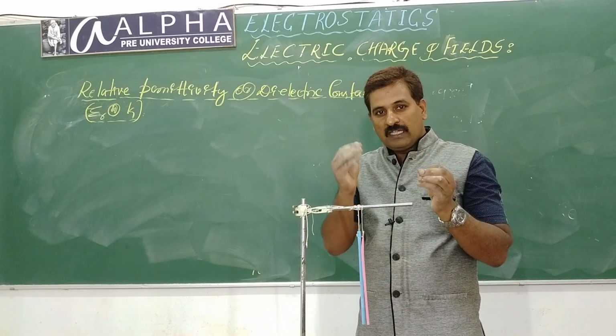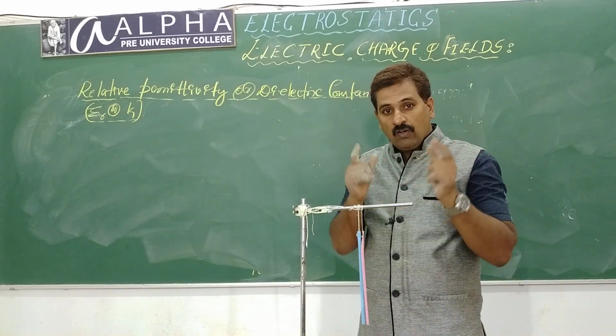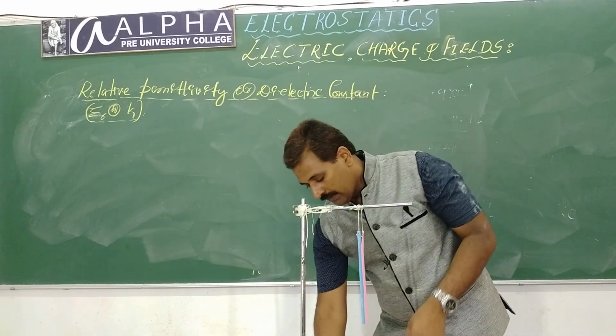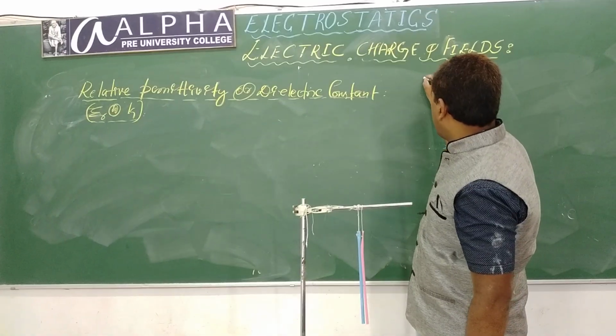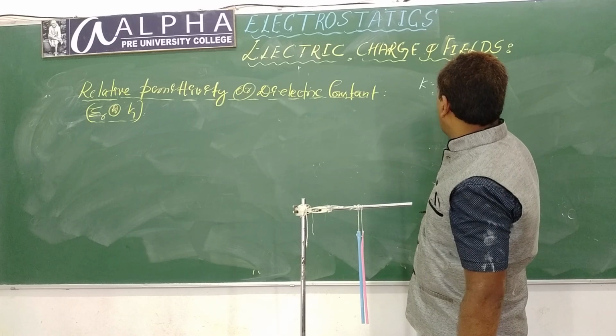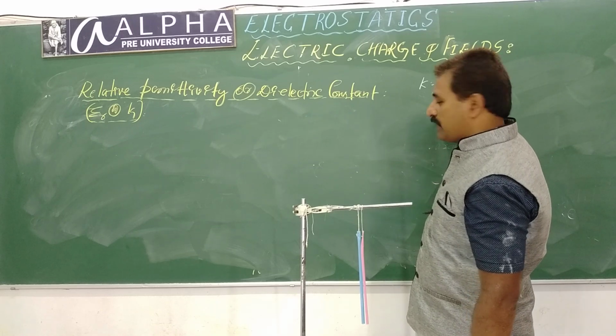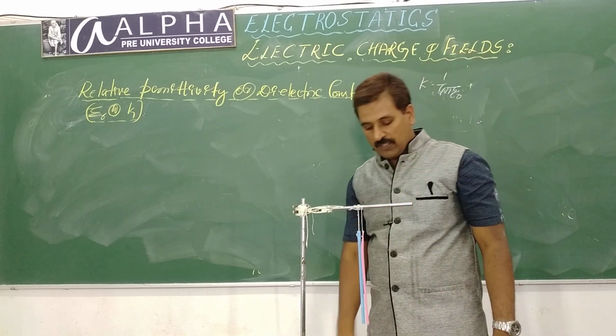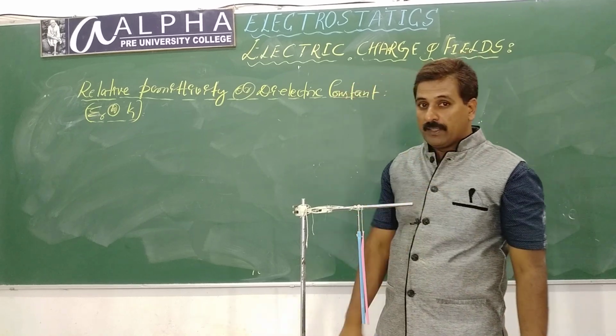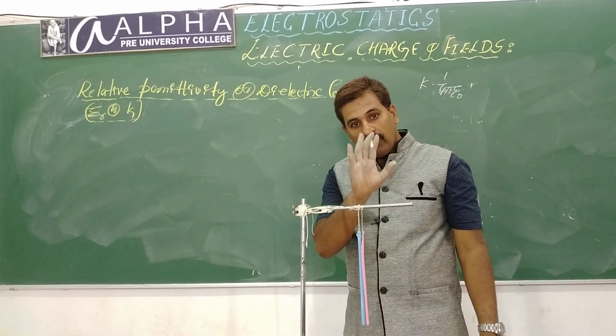We will discuss the effect of medium later on. But all the relations we wrote regarding Coulomb's law, or will be writing, are in terms of K, 1 over 4 pi epsilon naught. Whenever you see epsilon naught, this is for air or vacuum. But if you go to a medium, is the force really affected?